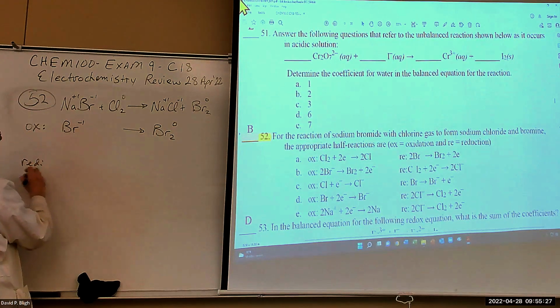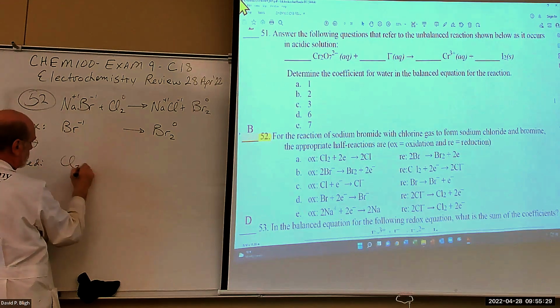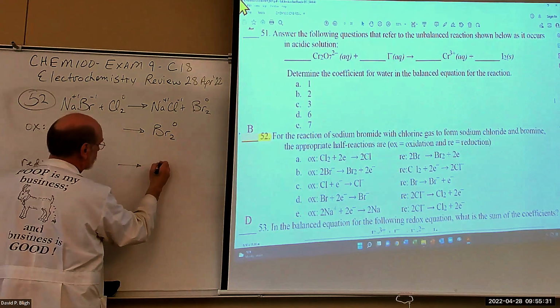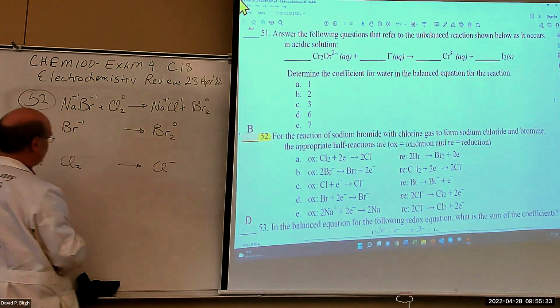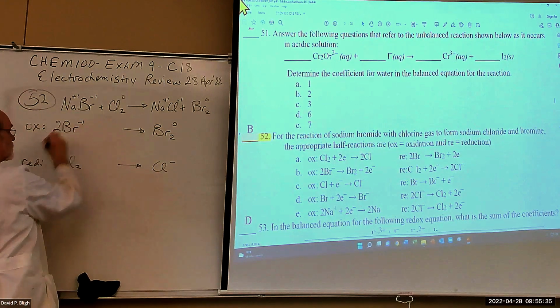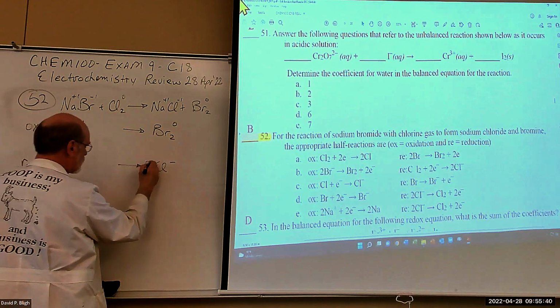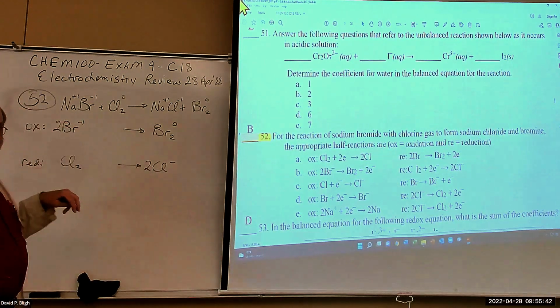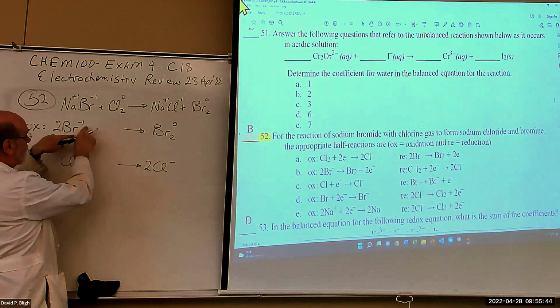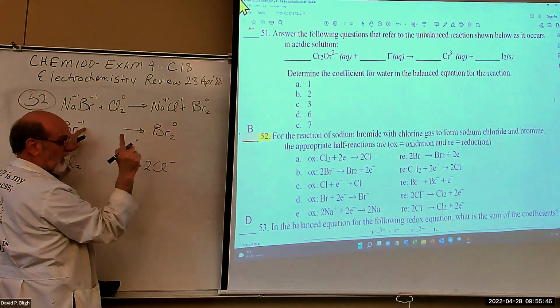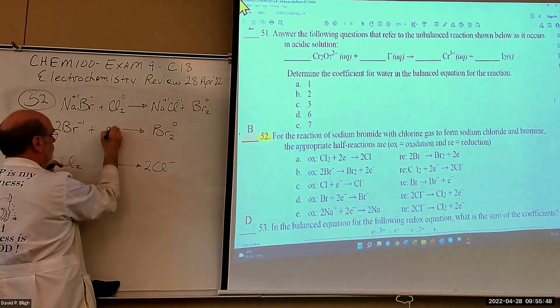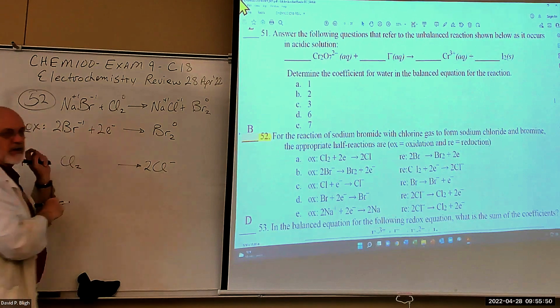Reduction then is the chlorine goes to chloride. Okay. Now we need 2 of these. Okay. And we need 2 of these. How about electrons? Well, -1 to 0 is 1 electron per bromine, but there are 2 of them.